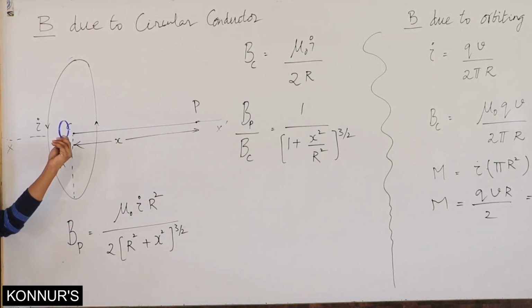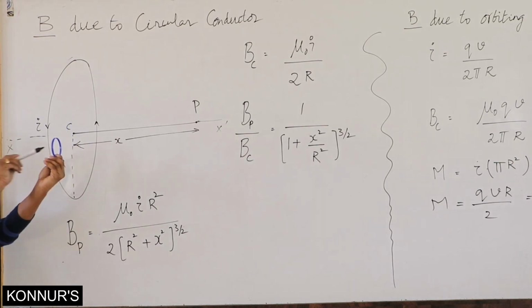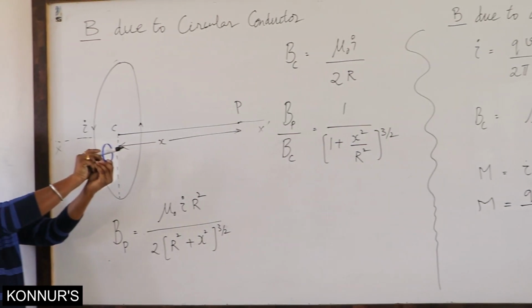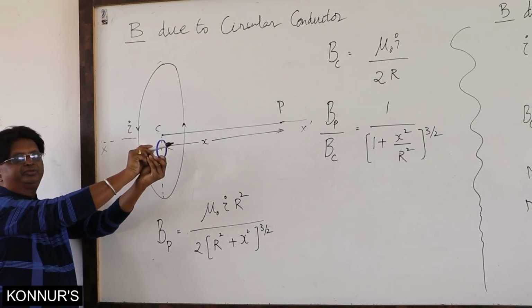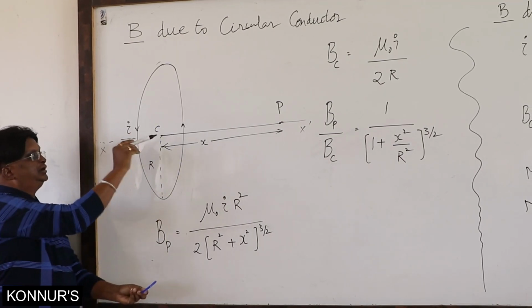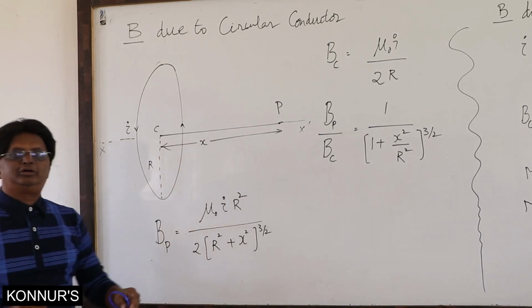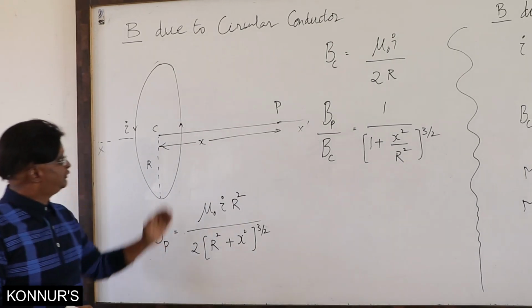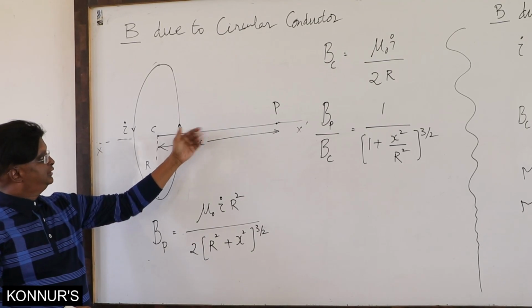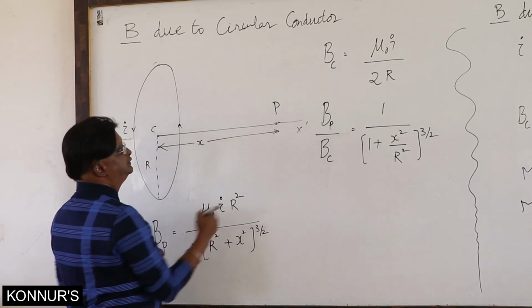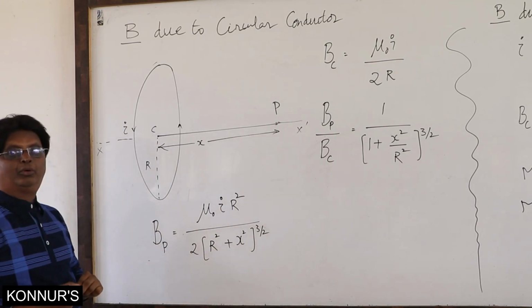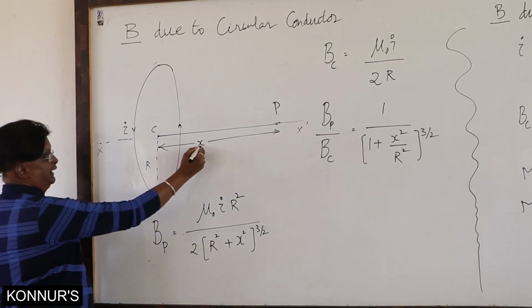This happens to be the YZ plane, and now it is held such that the x-axis becomes the axial line. The line passing through the center and perpendicular to the plane of the conductor is what is taken to be the axial line. And here I considered a point P on the axial line at a distance x from the center C.